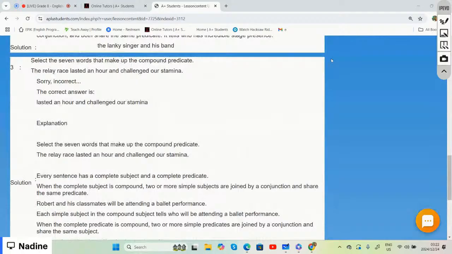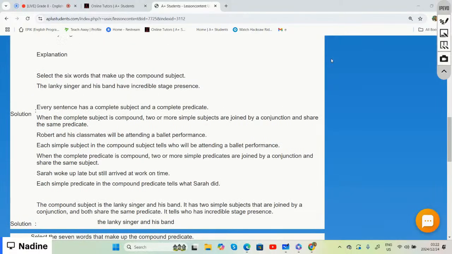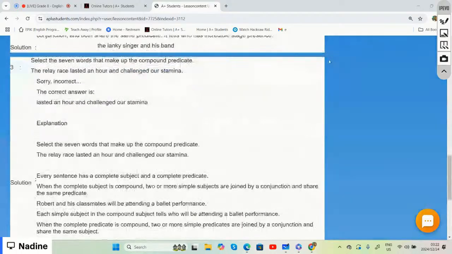We now need to select the seven words that make up the compound predicate. Oh, the predicate. Okay, that's correct. So now we need to select seven words that make up the compound predicate.